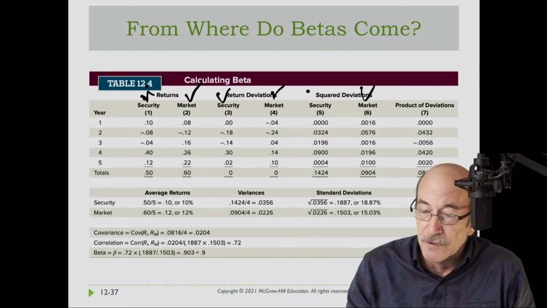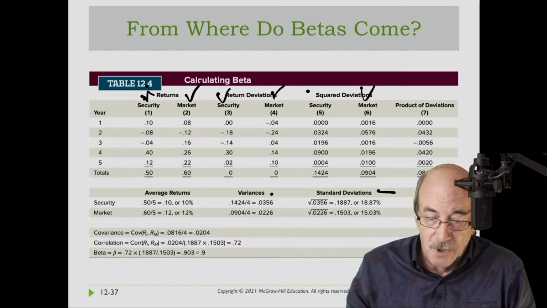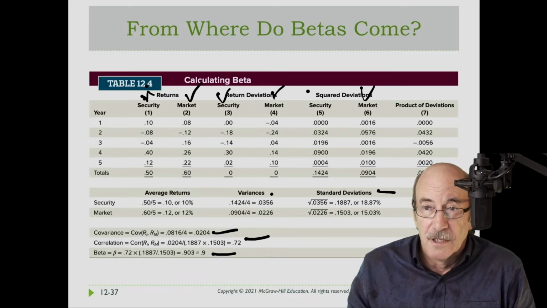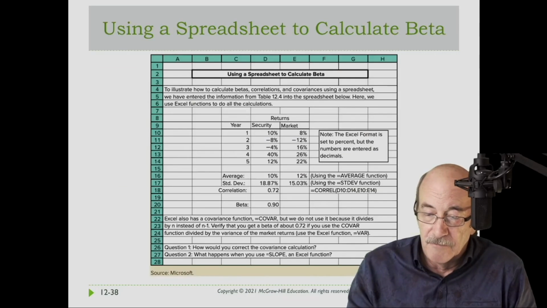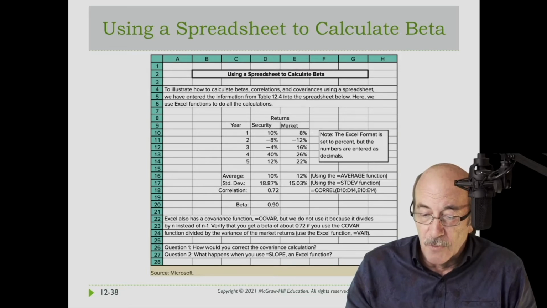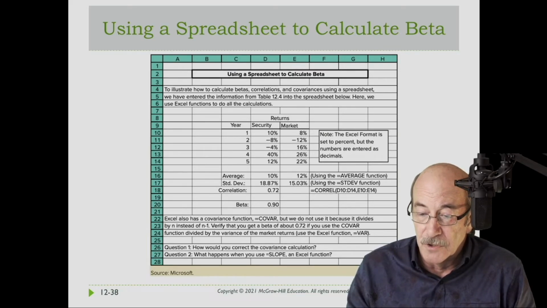We square those. So basically, we're getting variances, then standard deviations. We're getting a covariance, a correlation, then they're just calculating a beta using that correlation times sigma i over sigma m. So nothing very fancy there. Likewise, here, what they're doing is saying, you can do that same thing in a spreadsheet using a couple of spreadsheet functions, CORREL, AVERAGE, STDEV.